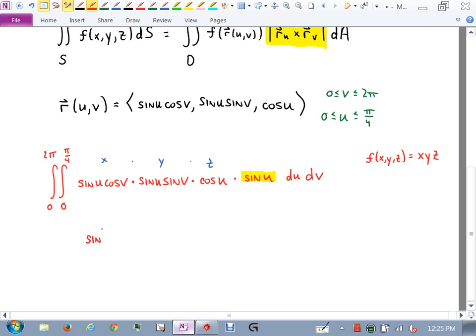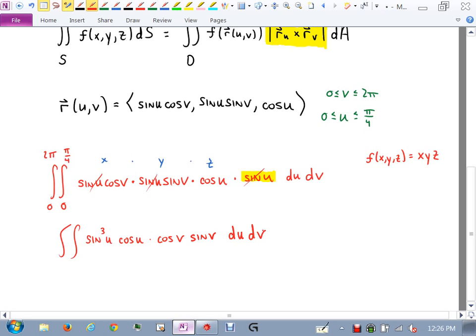It'll be sine cubed u, cosine u, cosine v, like that. Double integral. I won't rewrite everything. Is that everything? Sine v. I knew I was missing something else. Sine v, du dv.